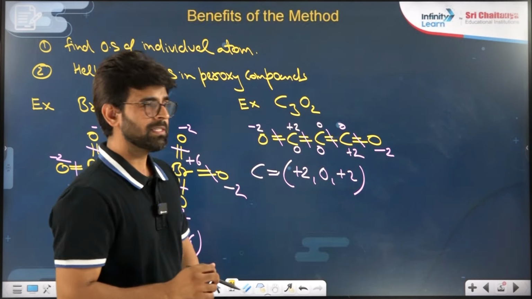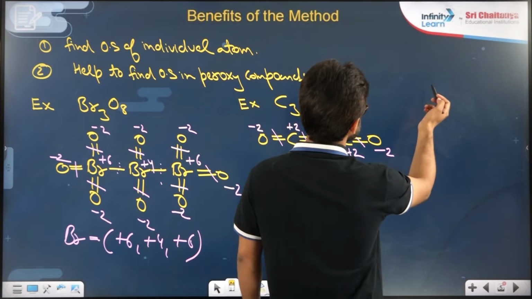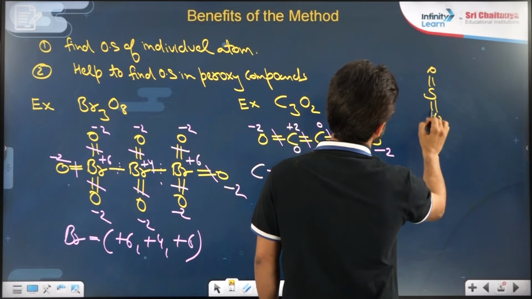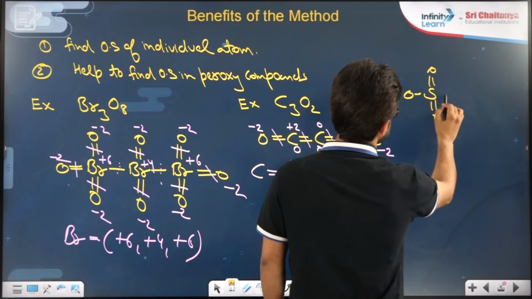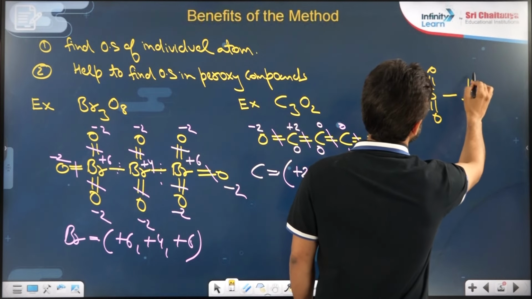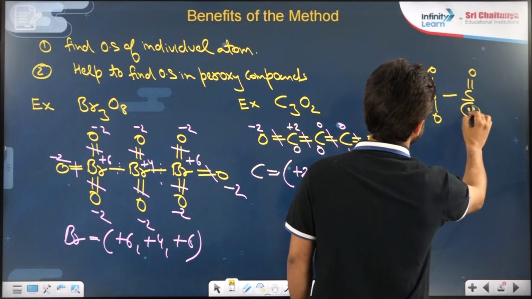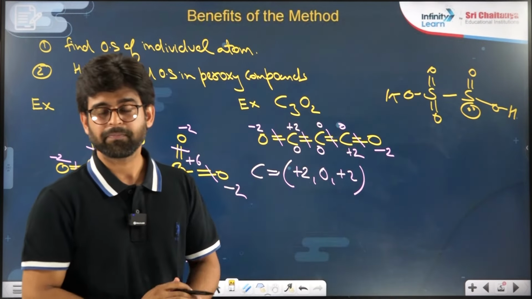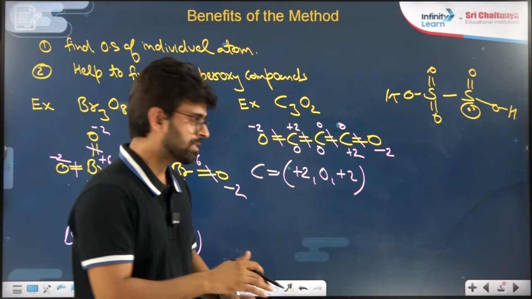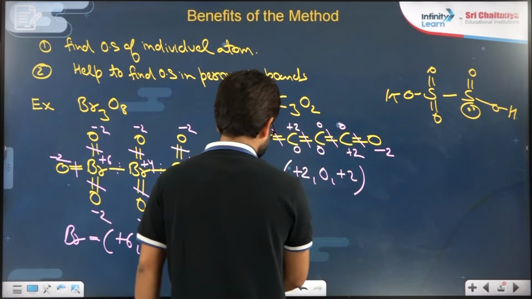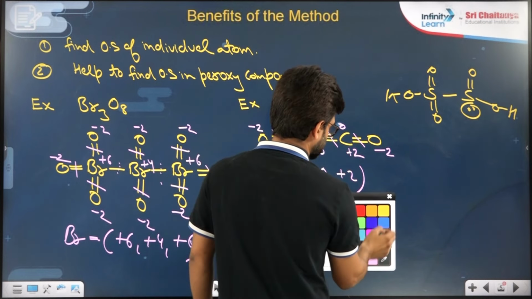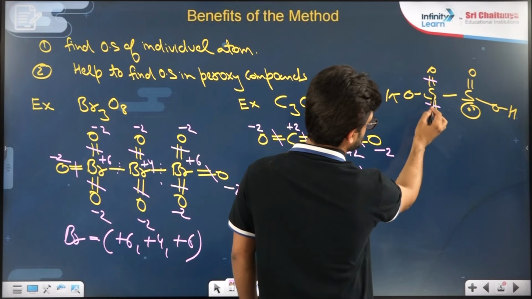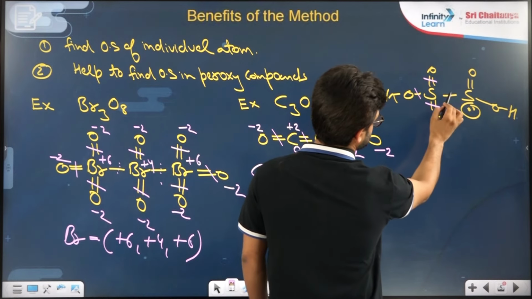Now you can take this one. Here we have sulfur, double bond O, and OH. Here we have sulfur, double bond O, just a lone pair here, and OH. So we have this structure again. It is pyrosulfurous acid. If you break the bonds, -2 + 2, -2 + 2, -1 + 1, 0, 0.